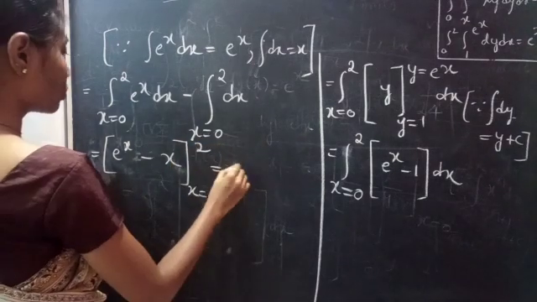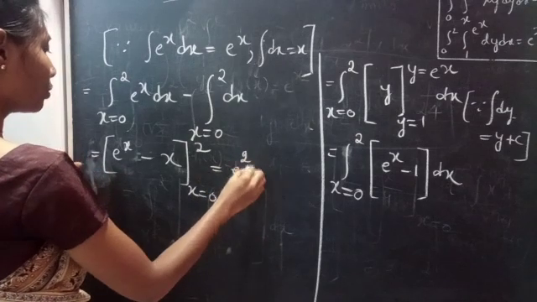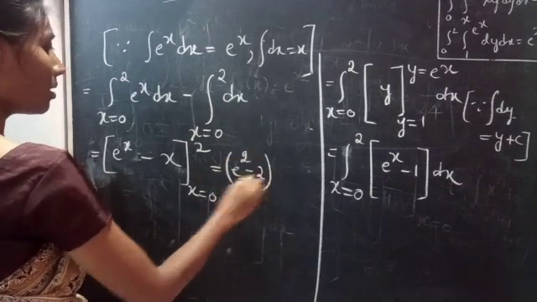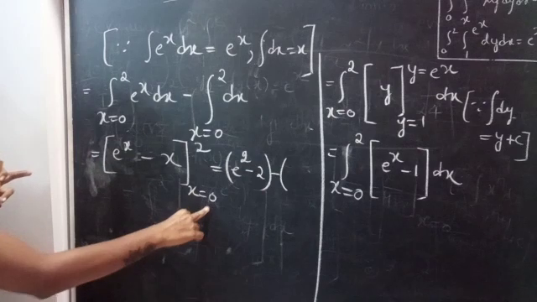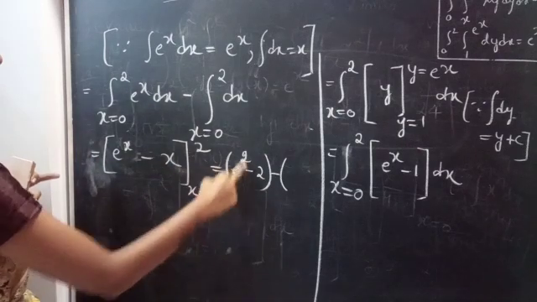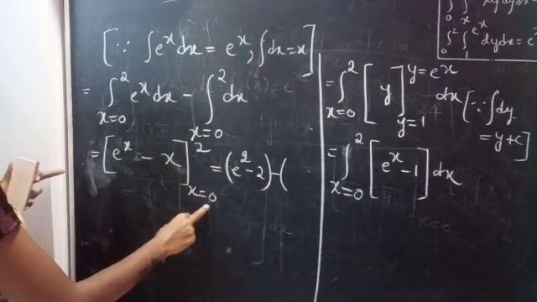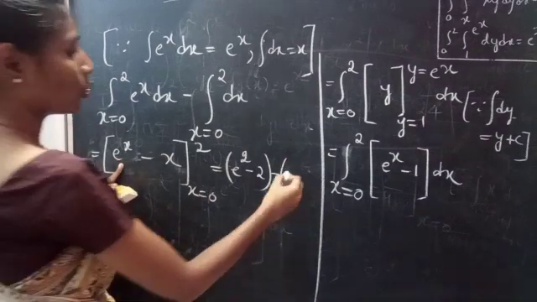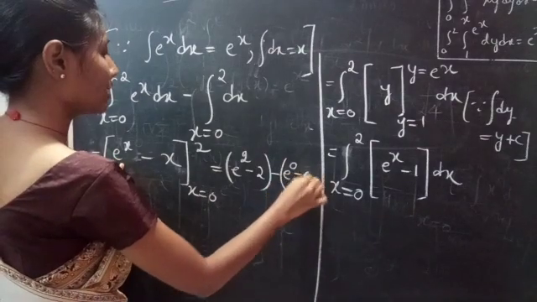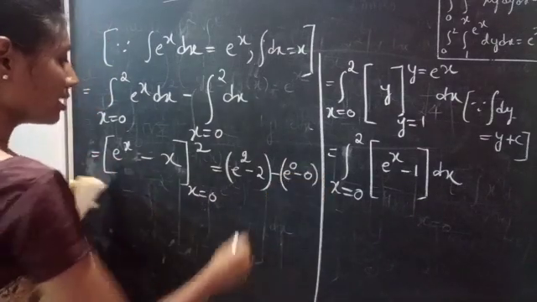So which is equal to e power 2 minus 2 minus, now apply the lower limit. First you have applied the upper limit and next you will apply the lower limit, that is 0. e power 0 minus 0.